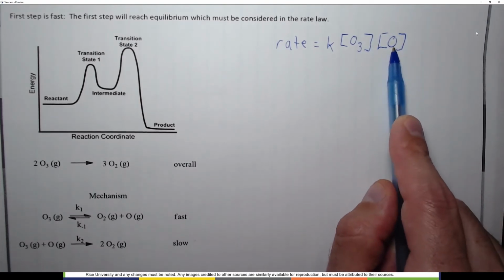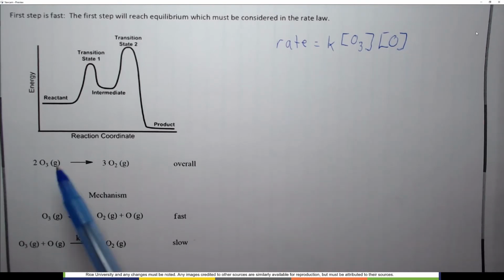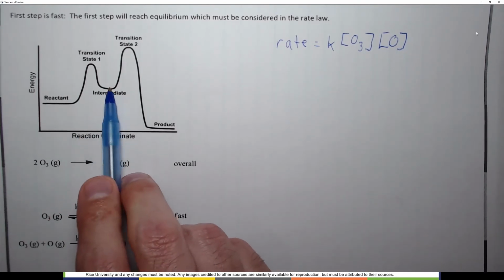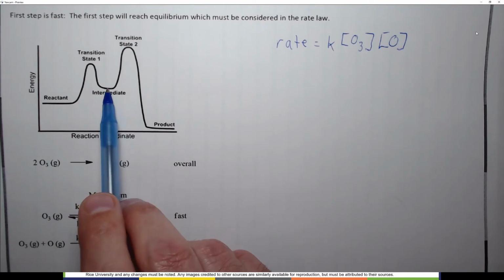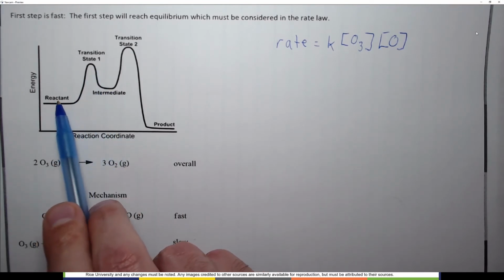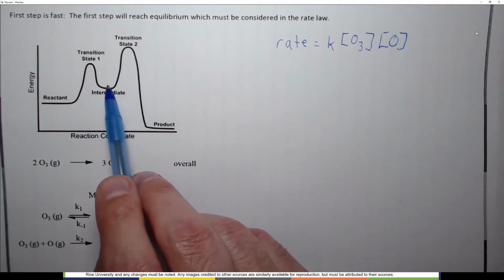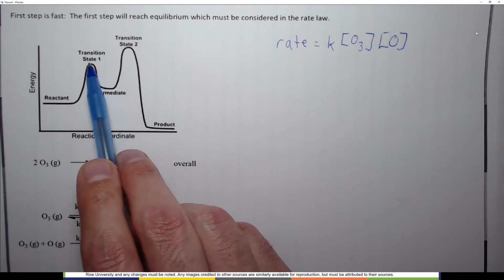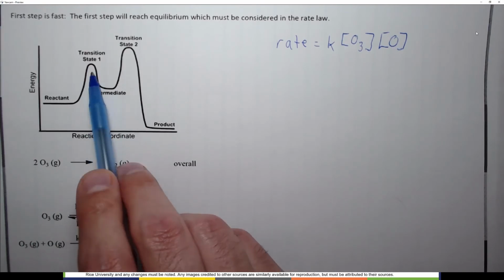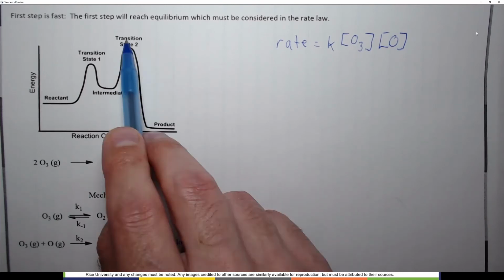Now, how we get rid of this is a little bit of a subtle trick. So the idea here is that if we have this intermediate, it's actually going to be more likely to fall back and form a reactant than to go over and form a product. Why is that? Because the activation energy to go backwards, this much, is lower than the activation energy to go forward, this much.